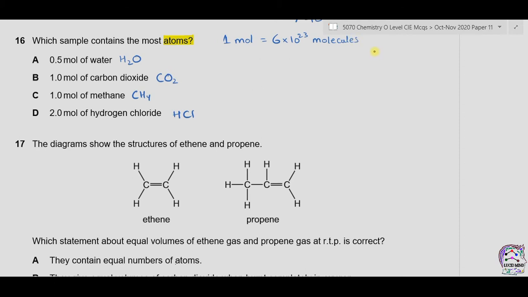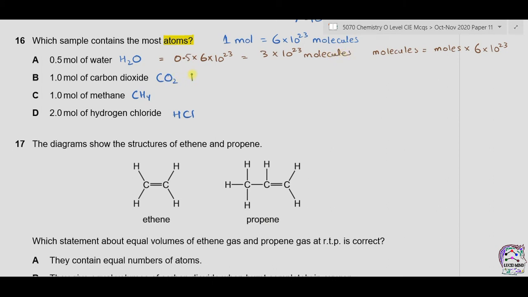For molecules, we can use the formula: number of molecules is equal to number of moles multiplied by Avogadro's constant. Let's find the molecules for each of A, B, C and D. For A, the number of molecules will be 0.5 times Avogadro's constant, which is equal to 3 × 10^23 molecules.